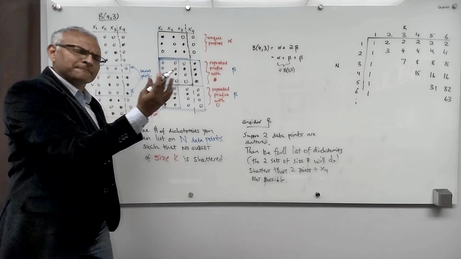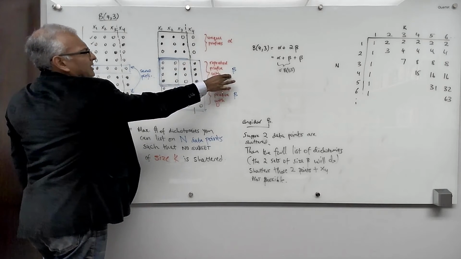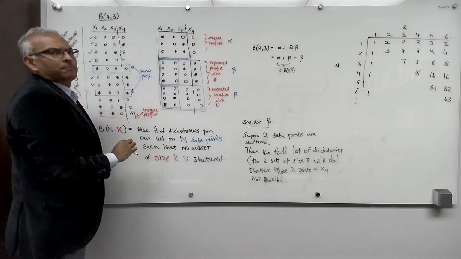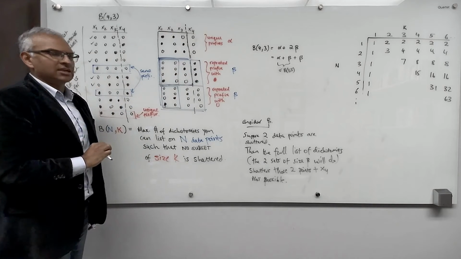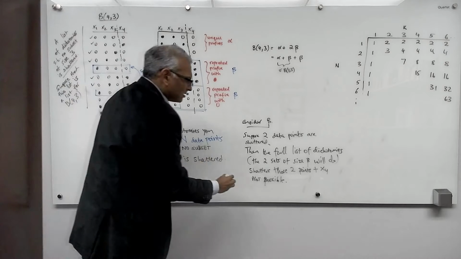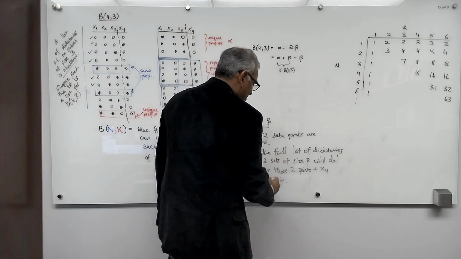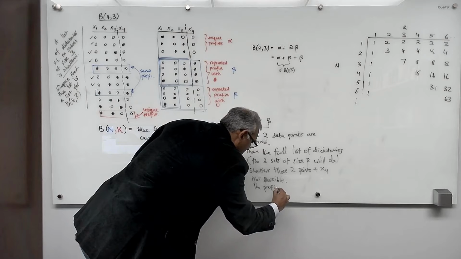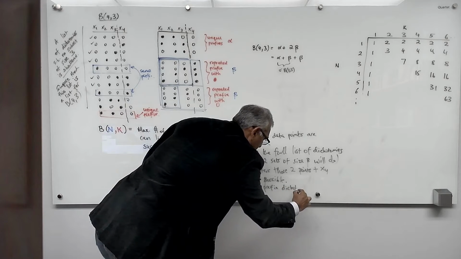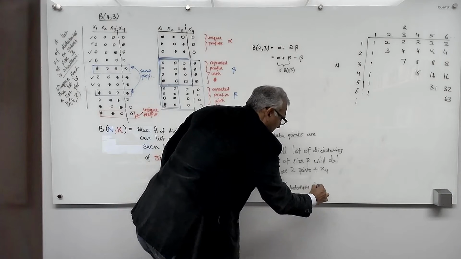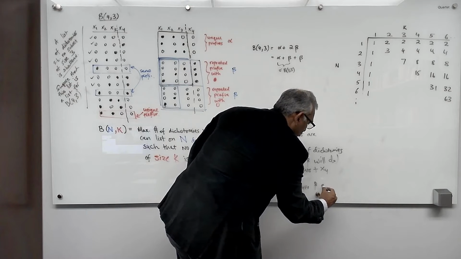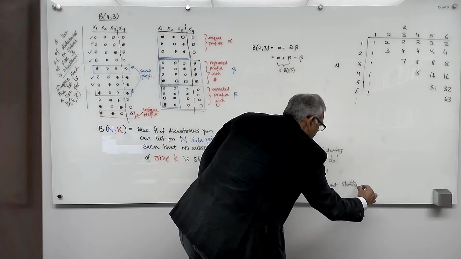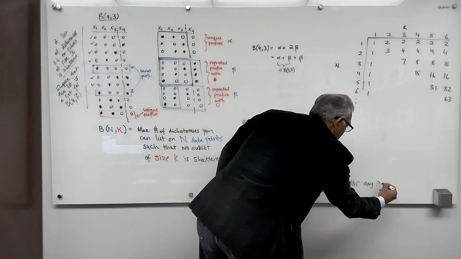So what does that mean? That means that in this list of beta, when you look at the prefix dichotomies, which are dichotomies on 3 points, there's no 2 that are shattered. So the prefix dichotomies of beta do not shatter any 2 points.